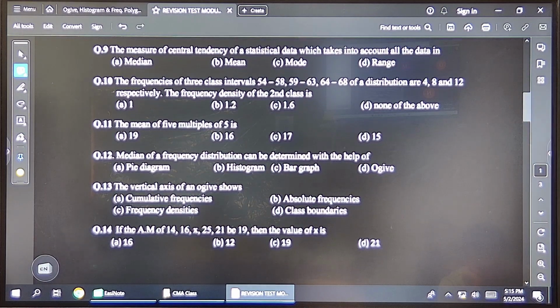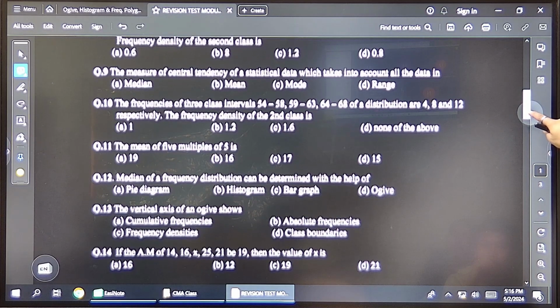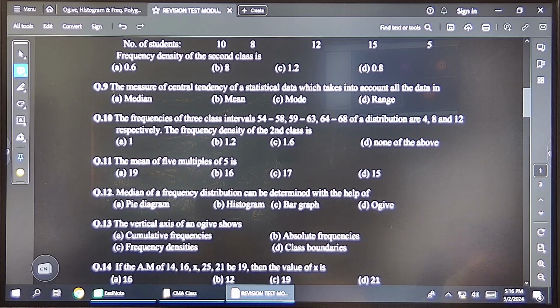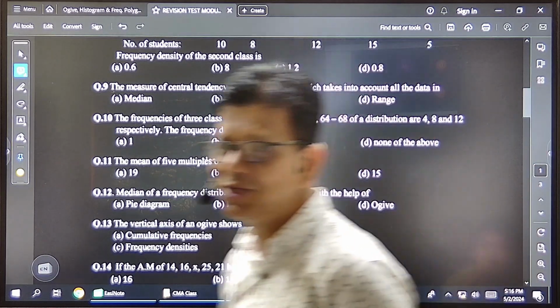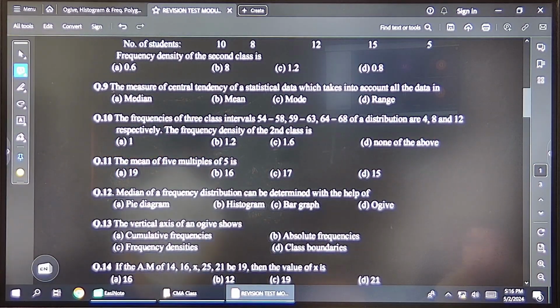All right. Just one more question is left. Don't worry, I'll share it in the group just now. If you do not know, you put an option and check your luck. We should check our luck also sometimes.